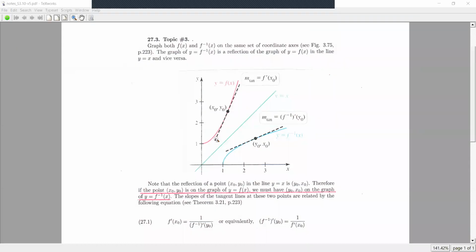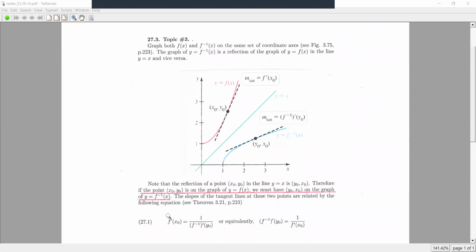It turns out that the slope of this line and the slope of this line are closely related. The slope of this line is the reciprocal of the slope of this line and vice versa, namely these two equations.